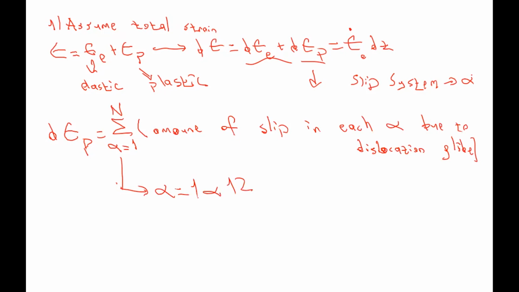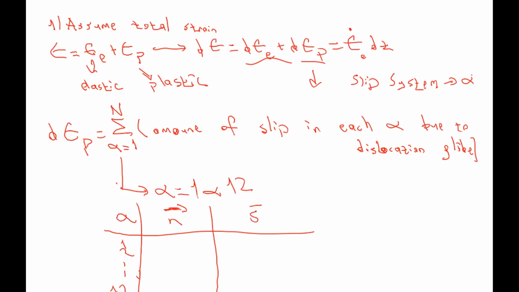And we have planes and directions, right? Alpha, we have 1, 2 till 12. So what is the slip plane in FCC? What's the plane? The {111} plane.